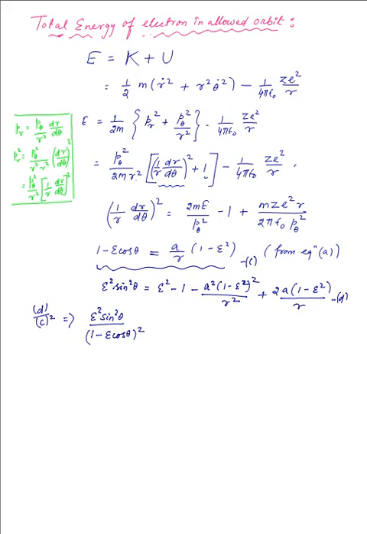So I'll be squaring the equation C, and what I'll get over here is minus r squared divided by a squared (1 minus e squared), minus 1, plus 2r divided by a (1 minus e squared). Now I have confirmed with my rough work, so I'm writing it straight away so that I don't waste your time as well as mine.